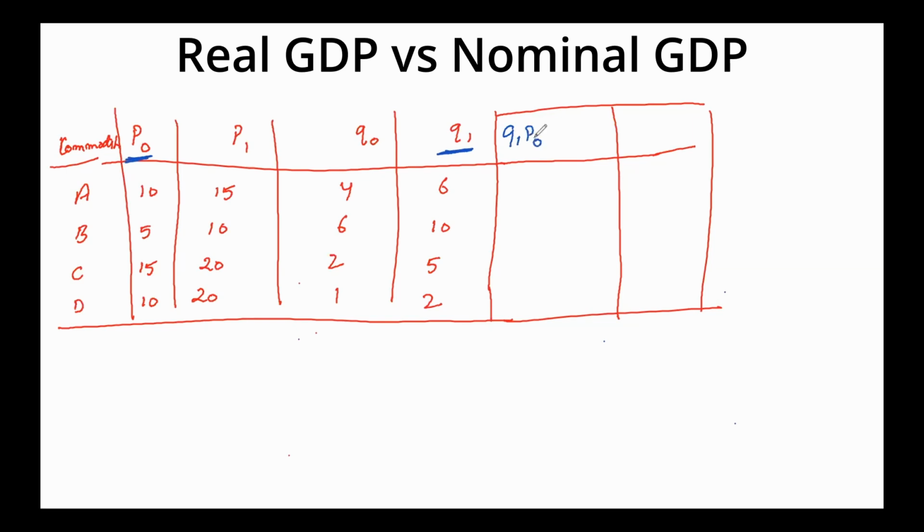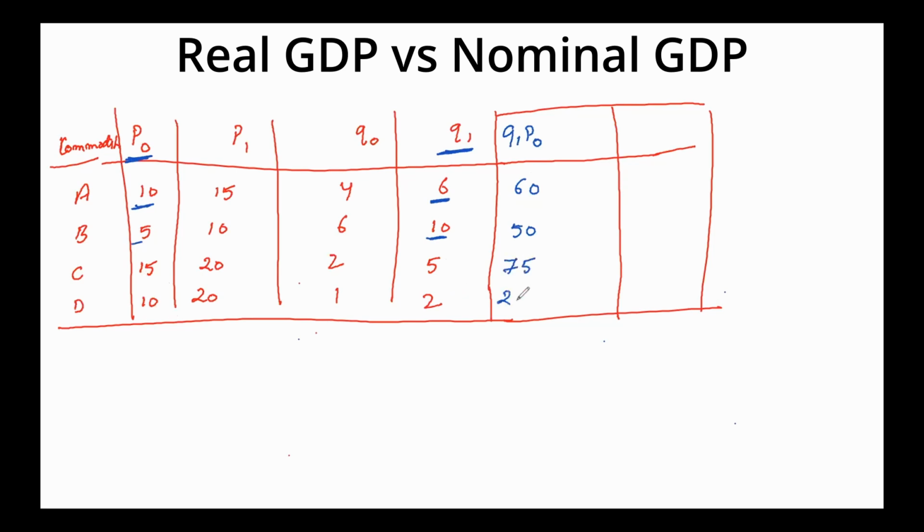So Q1 6 and P0 10, so 6 into 10 is 60. Now 10 into 5 is 50. Likewise 15 fives are 75. 10 twos are 20.